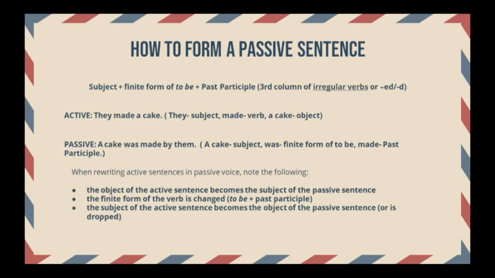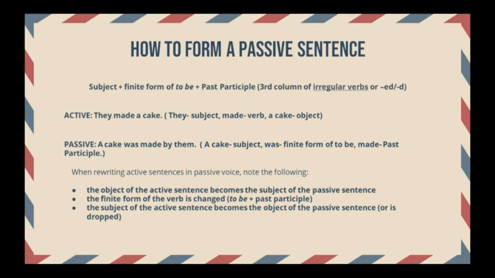If we have an active sentence, they made a cake, according to the verb in this sentence, you can see that this sentence is in past simple. So here they is a subject, made is a verb, and a cake is an object.